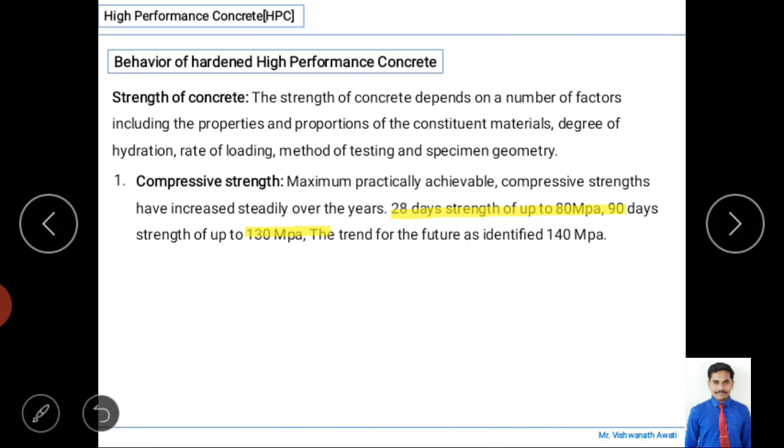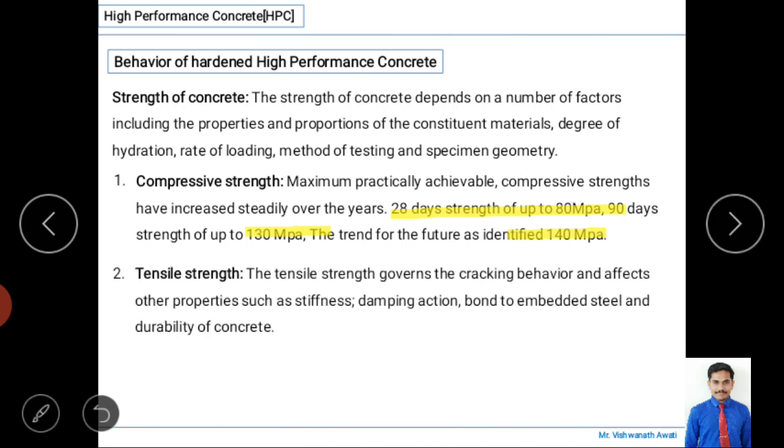And for the future they identified they may get up to 140 MPa. Because of this only it is called a high performance concrete, good in strength as well as performance.